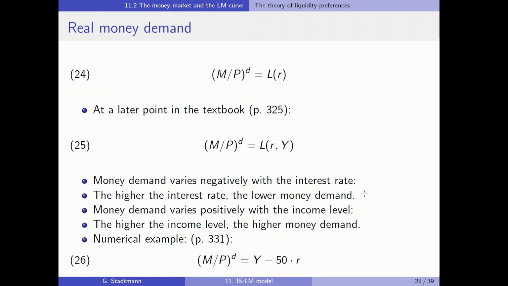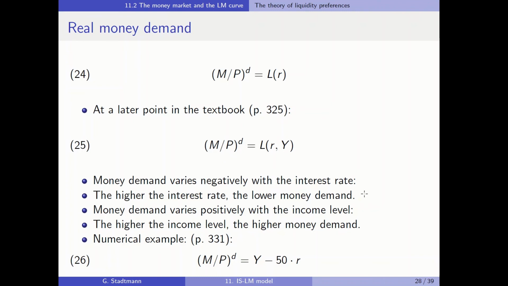In the last part of this chapter, we also see a numerical example for the liquidity demand function. On page number 331, we get this numerical example, Y minus 50r. Hence it is indeed the case that money demand increases on a one-to-one basis when GDP is up, and there is a negative relationship between money demand and the interest rate.